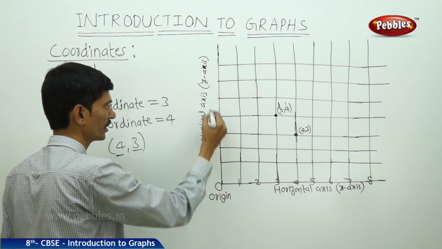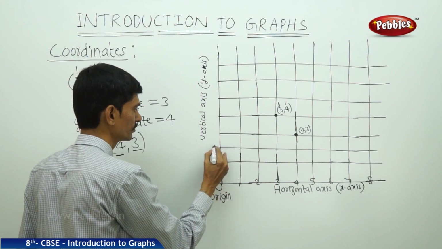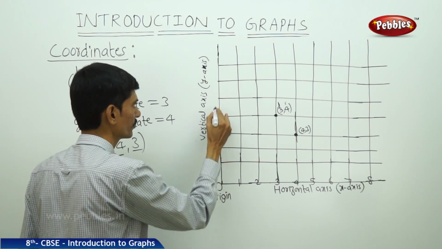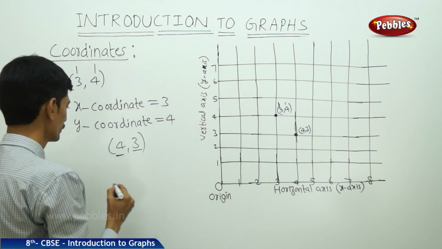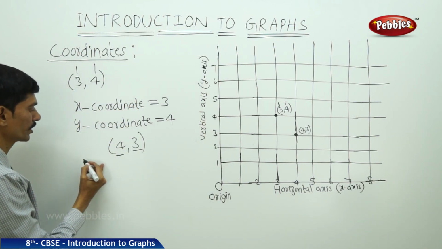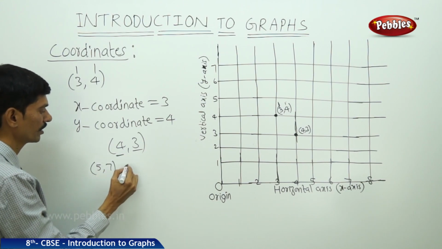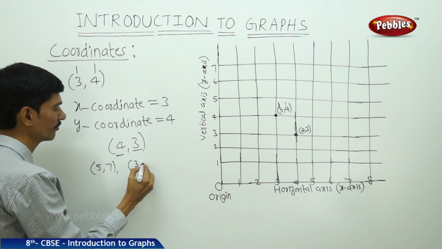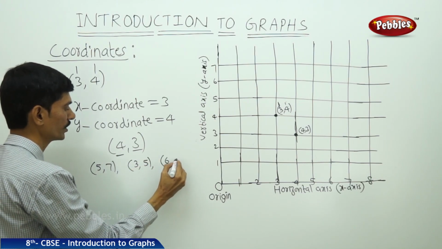And even on the y axis, the vertical axis, we give the numbers 1, 2, 3, 4, 5, 6, 7. Now let us determine the location of some other points like (5, 7) and (3, 5), then (6, 2).